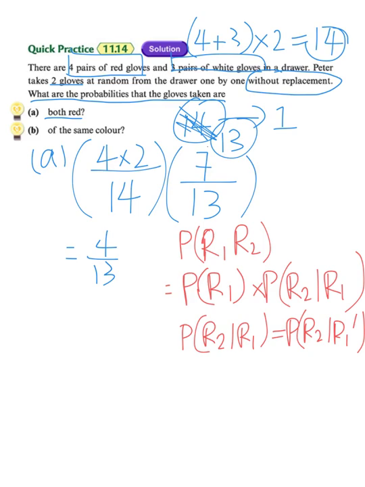So here this 7 over 13 is in the situation where the first draw is red, so the second red is going to be 7 over 13.